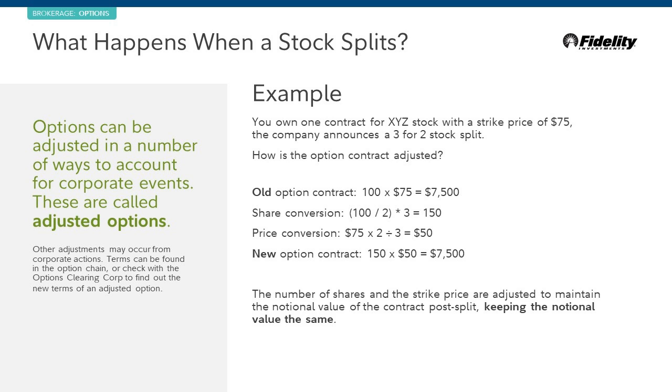The strike price is adjusted down, so as opposed to the strike price being at 75, it's now at 50. But that new option contract still has the same notional value. That 150 times 50 is still that $7,500 of notional value. That hasn't changed. And that's important to keep in mind when you have adjustments: how does this adjust to keep that notional value the same?